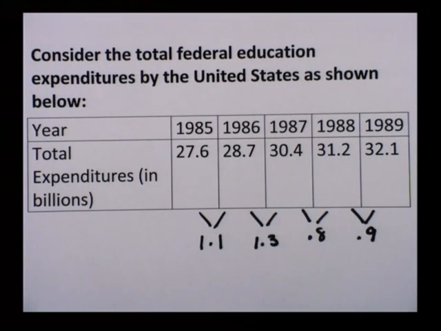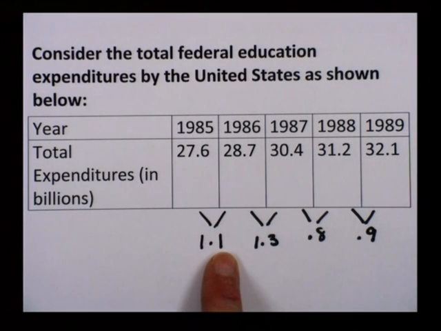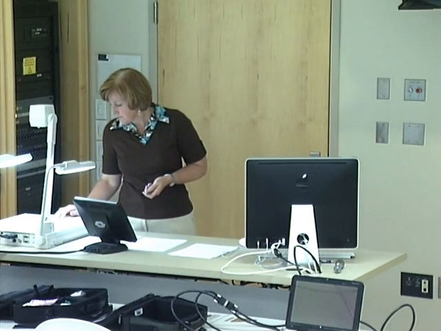Clearly, that's not perfect. Okay, so I can't say that this data set is perfectly linear. However, I can say these data values, these first differences, are pretty close. So I think it might be linear. So we're going to have to find something else to help convince us that a line may still fit this data best. So let's take a look, and let's go ahead and graph this.